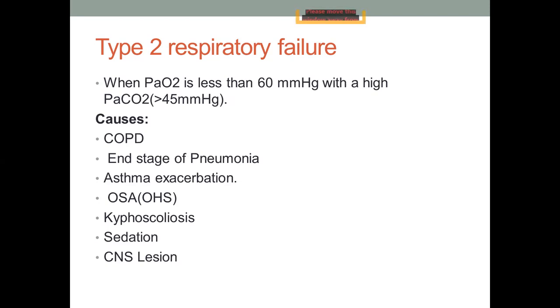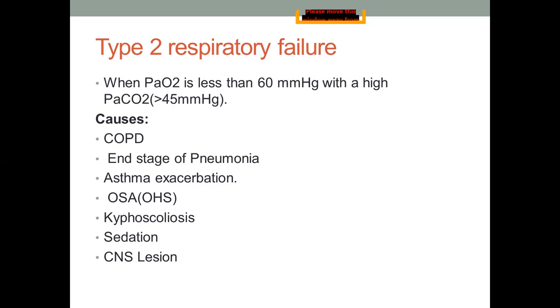So the causes of type 2 respiratory failure are chronic obstructive pulmonary disease, late stage COPD, not early COPD, because in early COPD, patient can wash out CO2, and end stage of pneumonia, because if the patient becomes tired and cannot wash out CO2, they will accumulate CO2 in the blood, leading to type 2 respiratory failure.